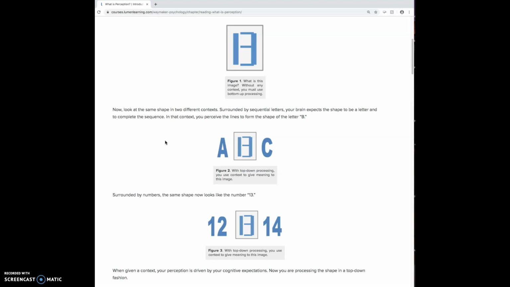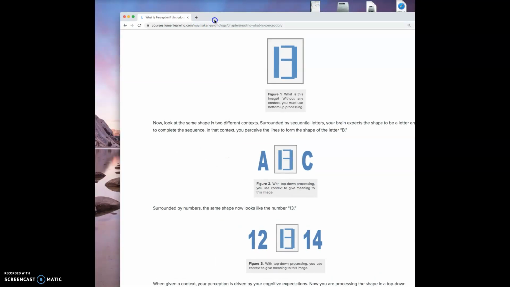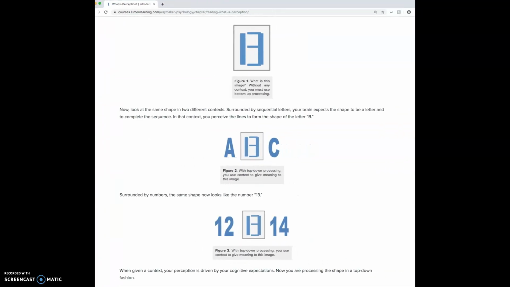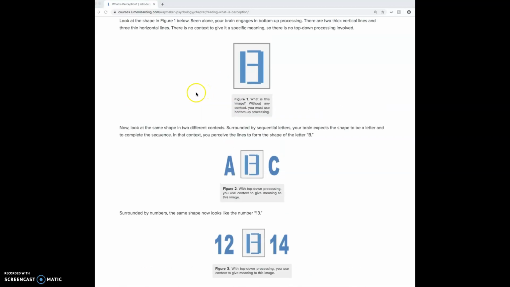So although our perceptions are built from sensations, not all sensations result in perceptions. Okay, so that's what I wanted to briefly touch on, the difference between sensation and perception. And I hope you can use this as a great reminder when you're trying to differentiate those things, so this will stick better with you.